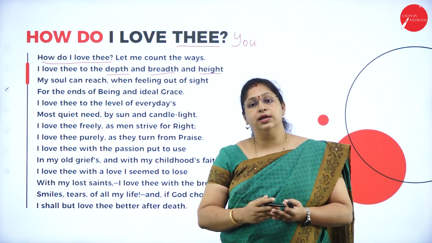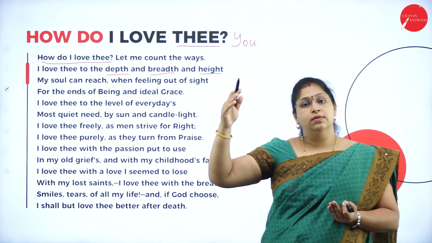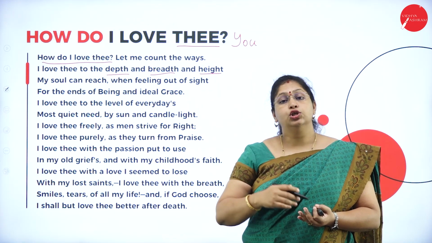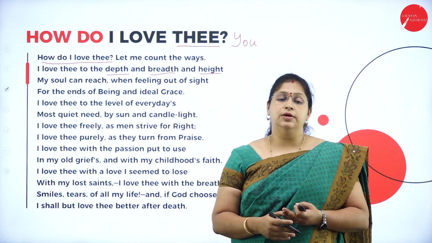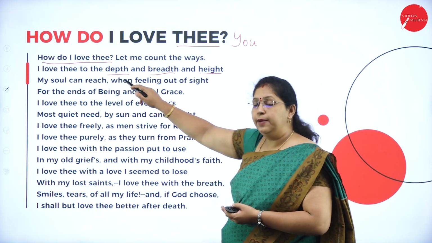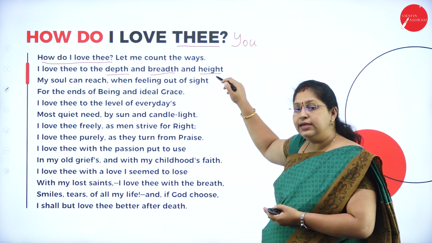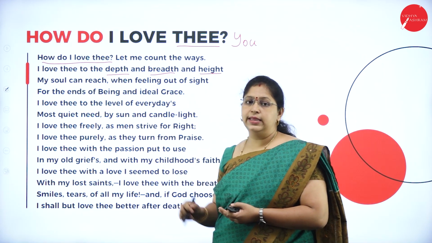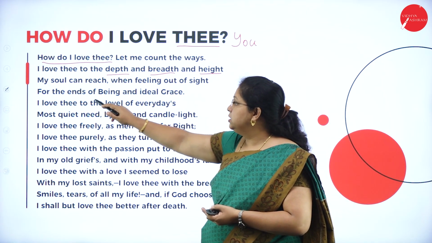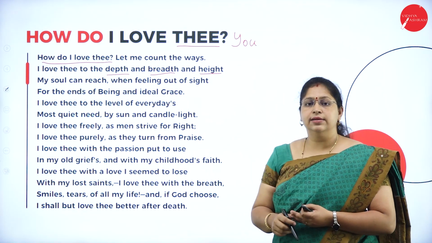The soul can reach to the height until or beyond our view or vision, correct? So till that she loves him. So what are the lines here? I love thee to the depth and breadth and height my soul can reach, when feeling out of sight, for the ends of being and ideal grace.